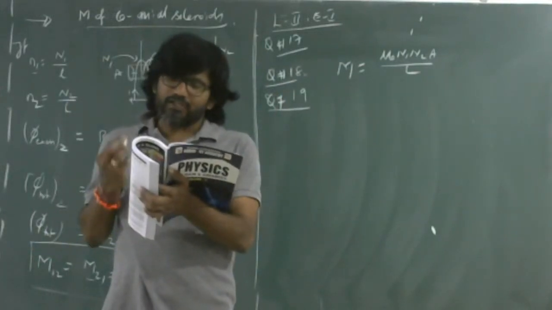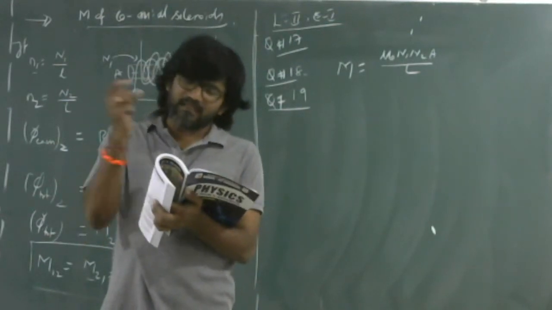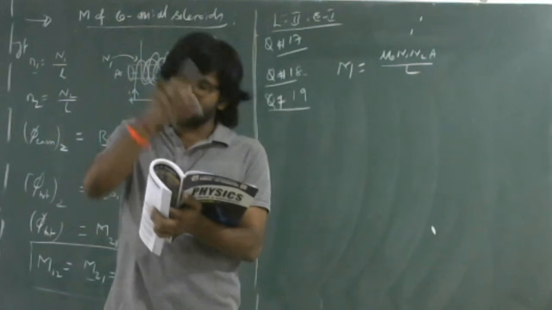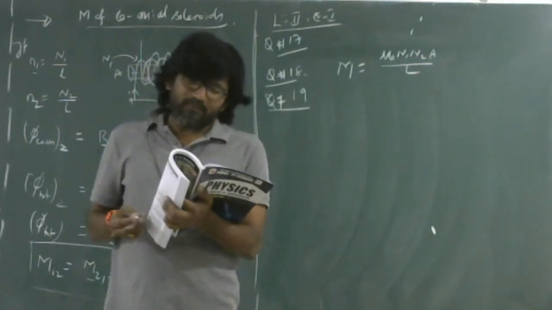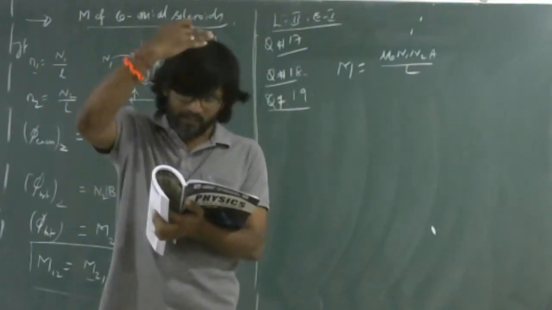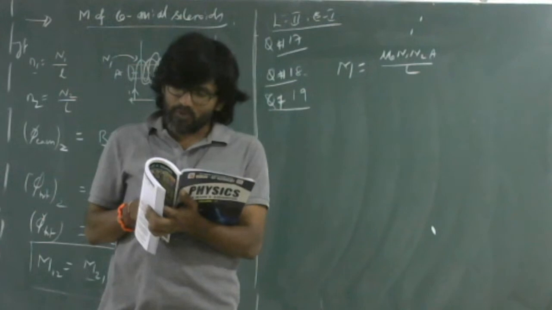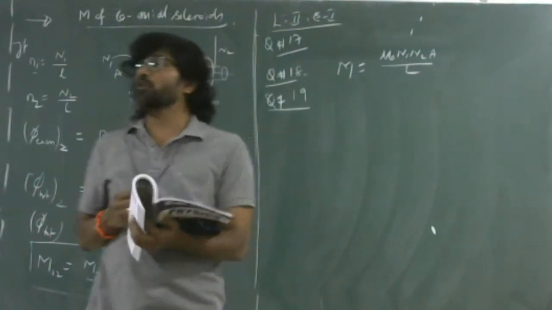A small coil of radius small r is placed at the center of a large coil of radius capital R, where capital R is much greater than small r. The two coils are coplanar, both placed in the same plane. Then the mutual inductance between the coils is proportional to what?